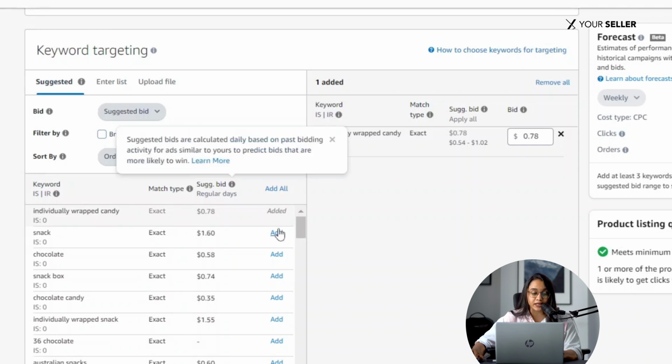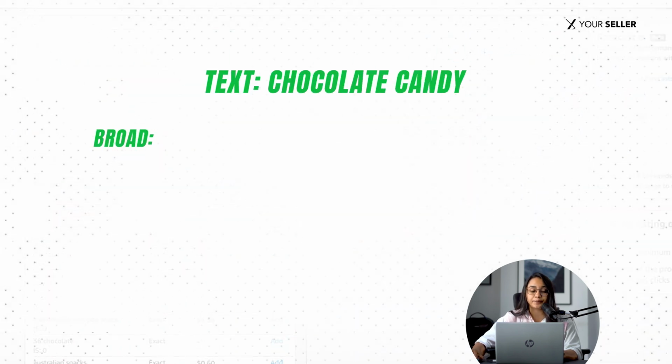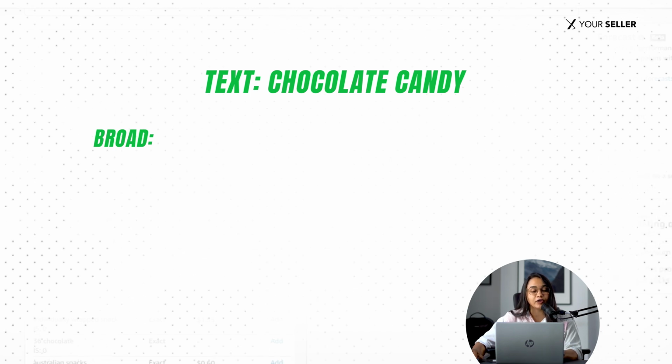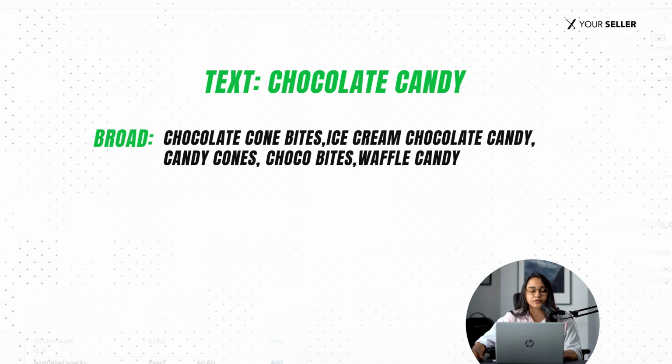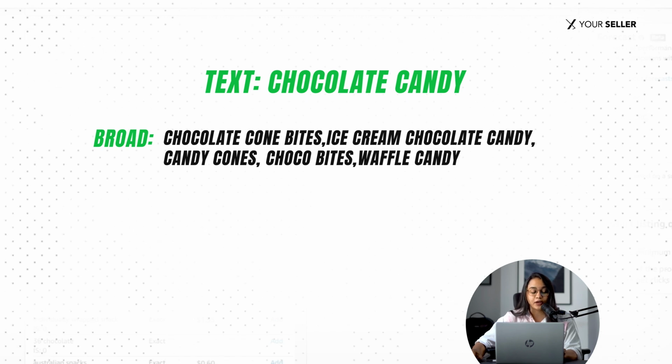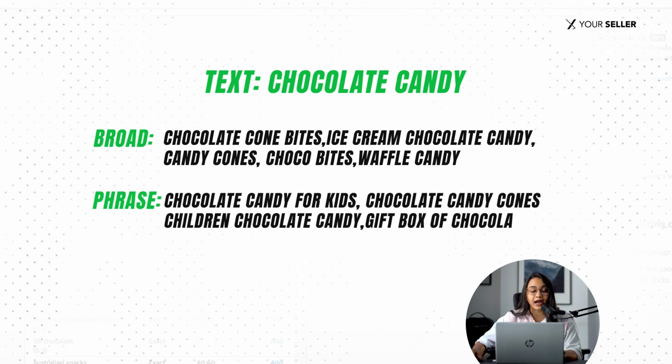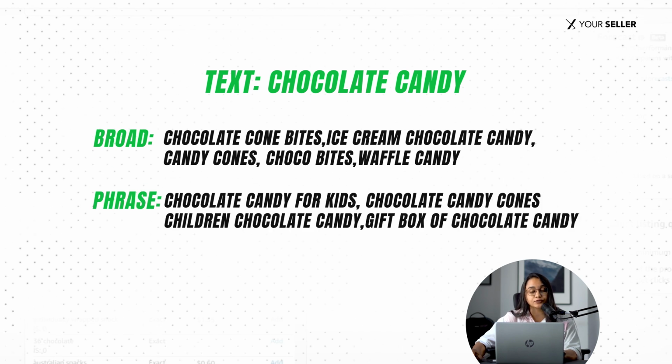Broad match is where your ad appears for searches that contain your keywords in any order along with variations and related search terms. It's very vague, so we can use this for maximum reach. Phrase is when your ad appears for searches that include your exact keyword phrase with additional words before or after that.